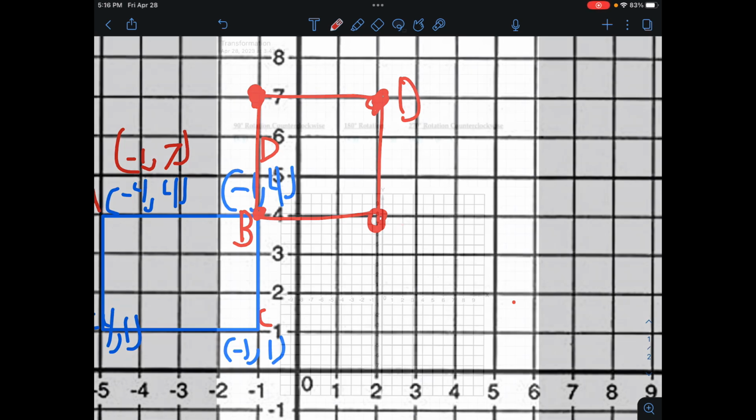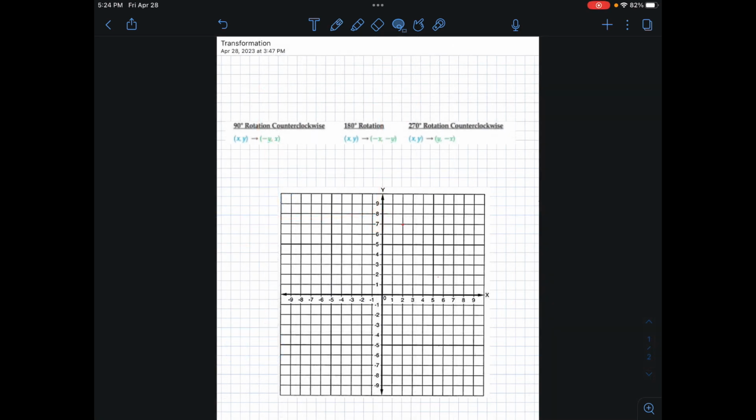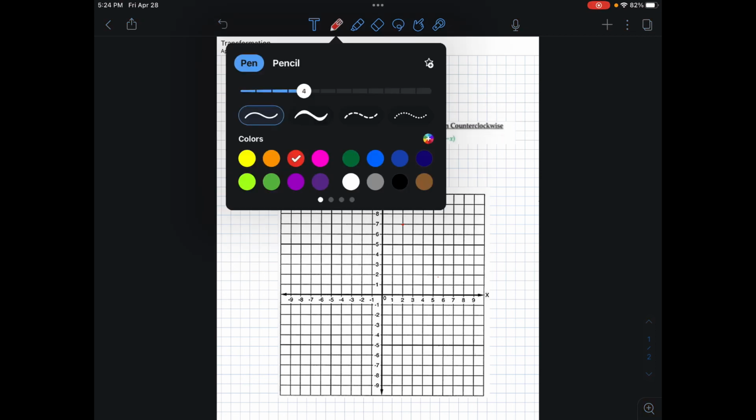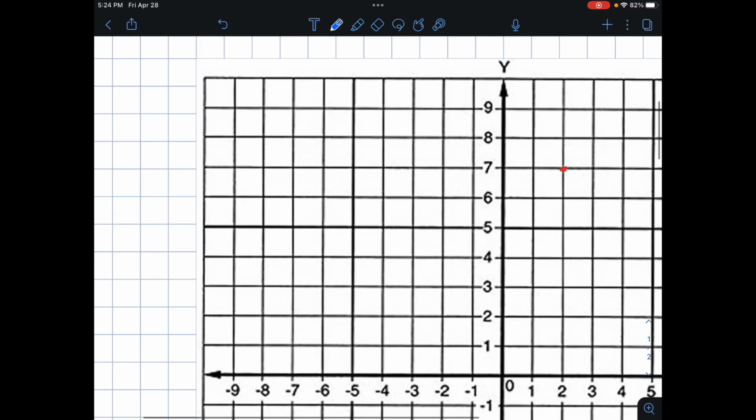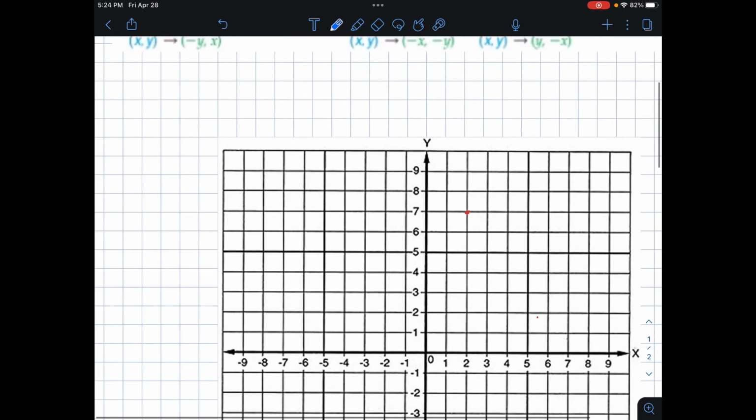rotation. Okay, now to our last and final one, rotation. So pretty much rotation is literally what's in its name. It rotates the figure. So I'm going to use a triangle, let's say right here. And now let's fill out the triangle.